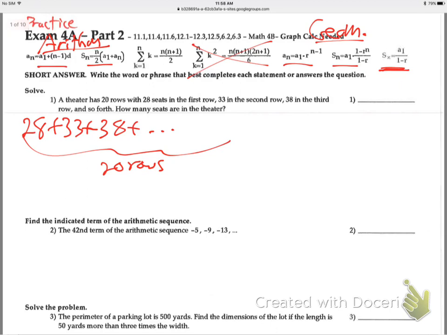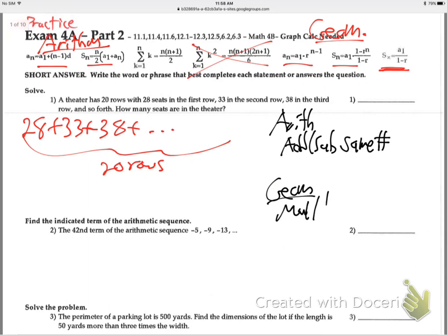Okay, so is this an arithmetic or a geometric series? How do you know? Arithmetic would mean add or subtract the same number each time. Geometric means multiply or divide the same number each time, remember?